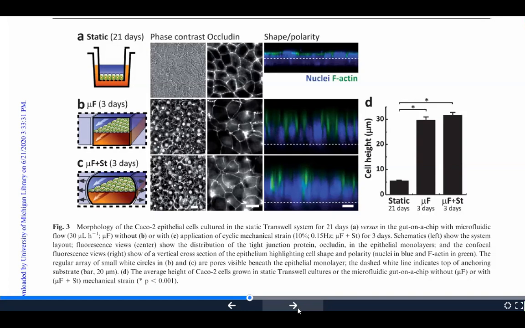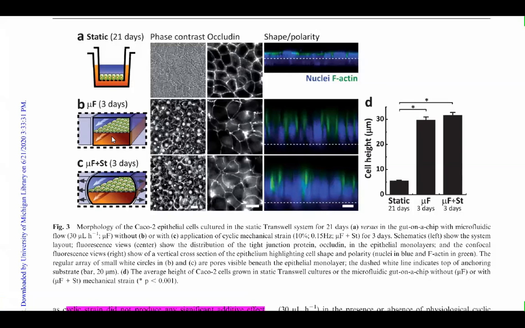And the other two groups were microfluidic groups. The first one was just a simple microfluidic device that incorporated only this fluid flow, this media flow that had 30 microliters per hour flow rate. And the third group was exactly that microfluidic device, but it had additional cyclic mechanical strain with that condition that I told you previously, which was 10% strain with 0.15 hertz of frequency.